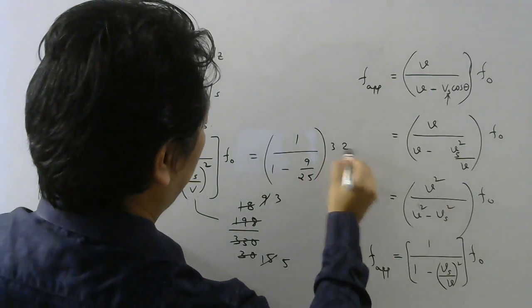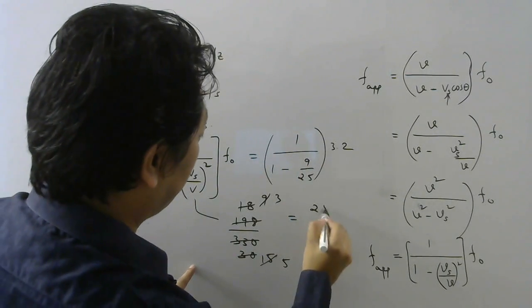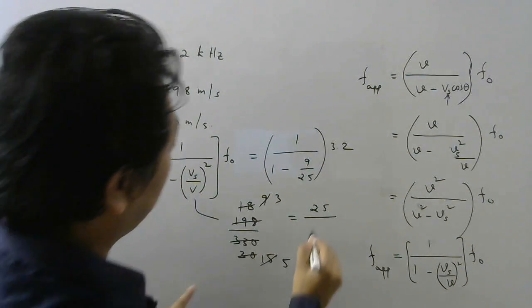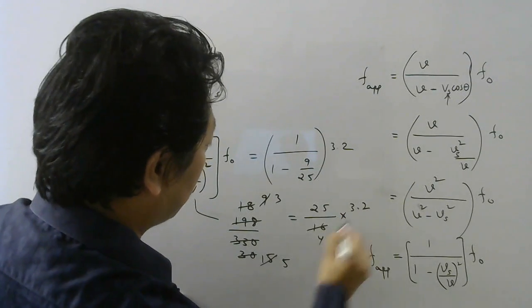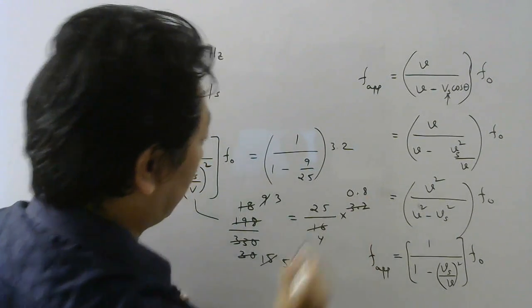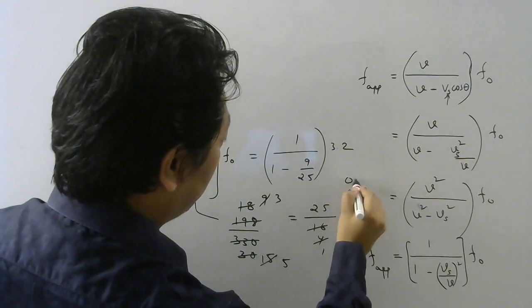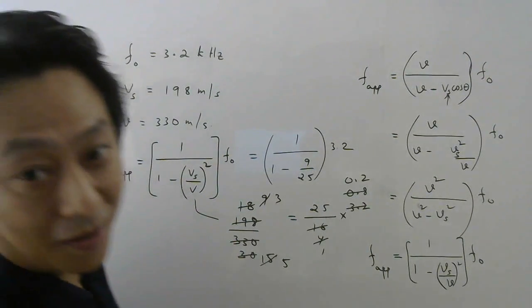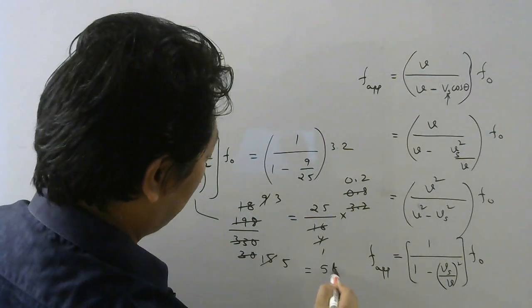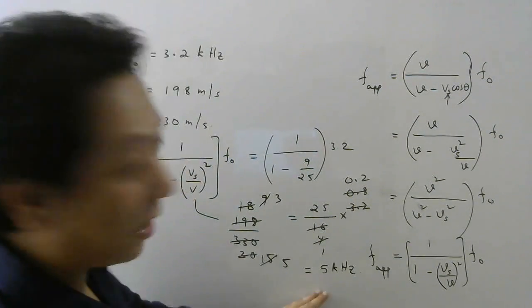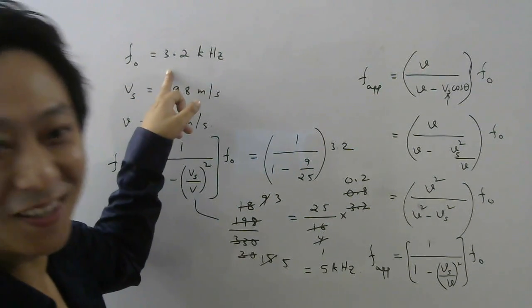F naught is 3.2. If you take LCM, the 25 will go up. Then 25 minus 9 will be 16, into 3.2. 4 4s are 16, 4 0.8, 32 it will come. And 25 into 0.2 will be 5 kilohertz. So that's the apparent frequency, which is not the same as the actual frequency, right?